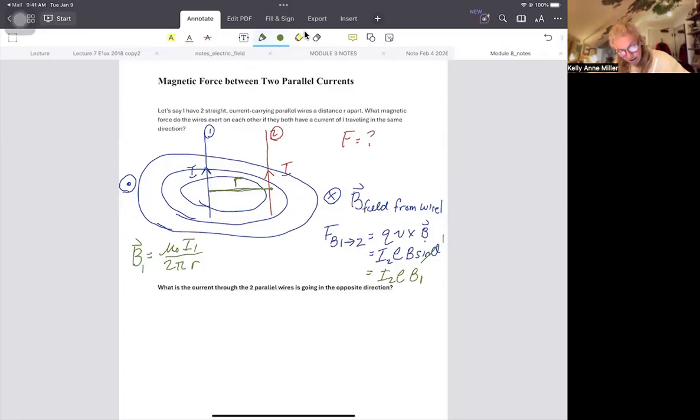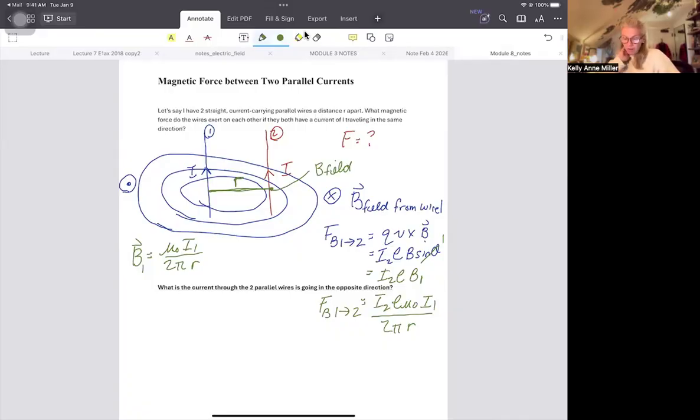I want to calculate the B field from 1 at that wire. Okay, so here I can just say I2 times L, and then I can substitute this in. This is mu naught times I1 divided by 2 pi r. Okay, and this is the magnetic force of wire 1 acting on wire 2.